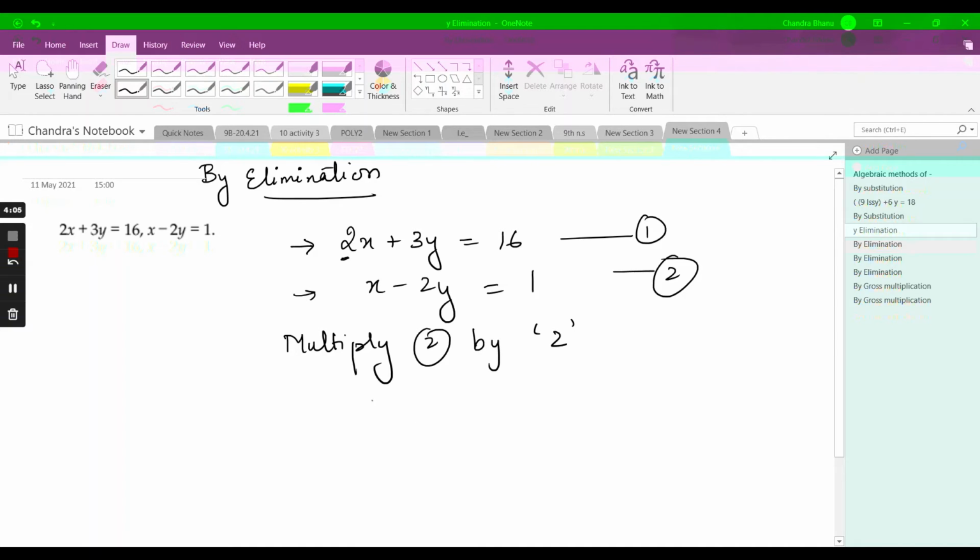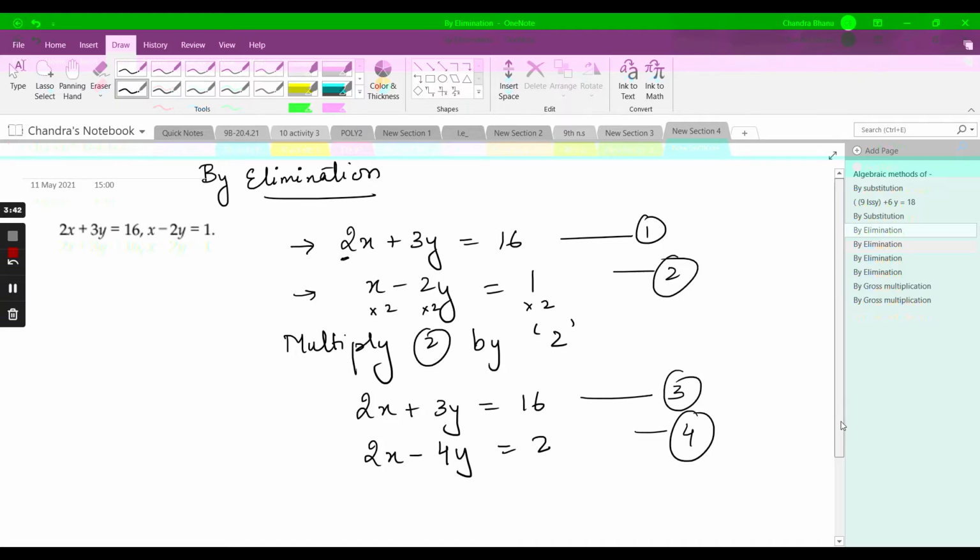So what will I get? I will rewrite my pair of linear equations: 2x plus 3y is equal to 16. And this will be 2x minus 4y is equal to 2, because I am multiplying 2 with each and every term of my second equation. So I am renumbering my equations 3 and 4.